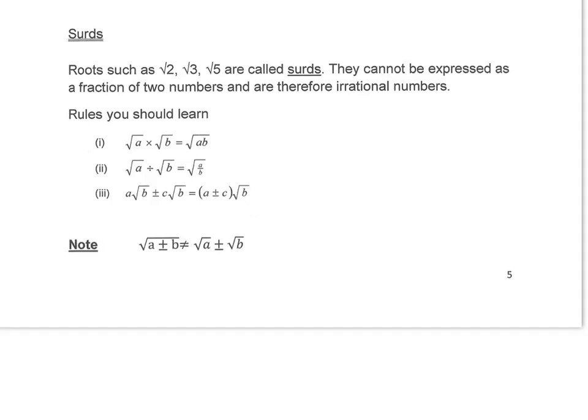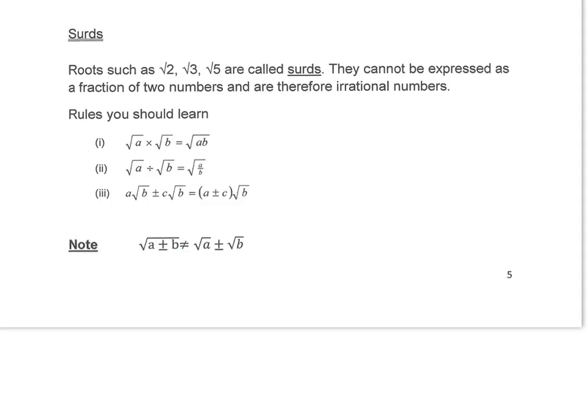An important point to note is that if we have the square root of A plus B or A minus B, we can't simply say that the square root of A plus B is equal to the square root of A plus the square root of B. That will not be equal.